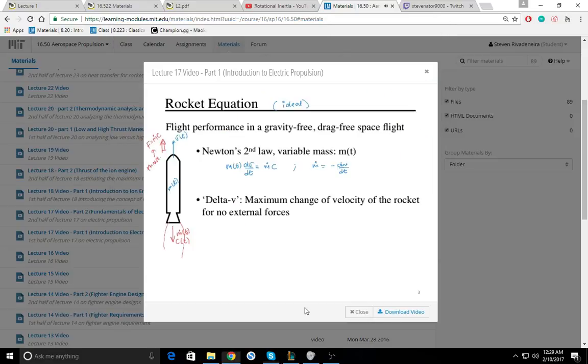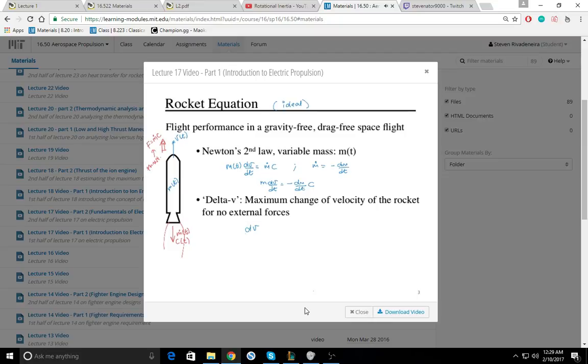So combining those two equations, we have that the mass times the acceleration equals minus the derivative of the mass with respect to time times c. And we can integrate this from an initial time to a final time to obtain the rocket equation.